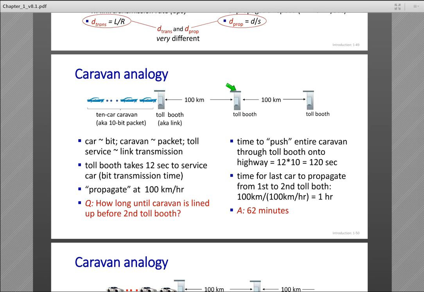Okay, there is a highway. Its length is 100 kilometers, and our caravan decided to pass this highway.